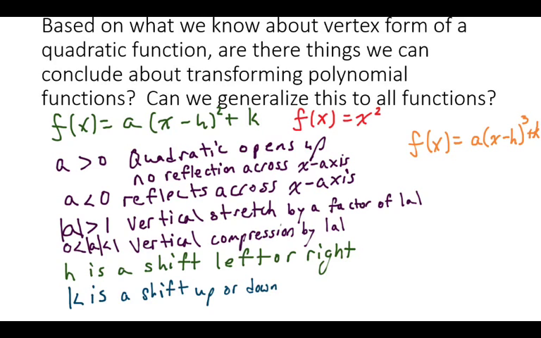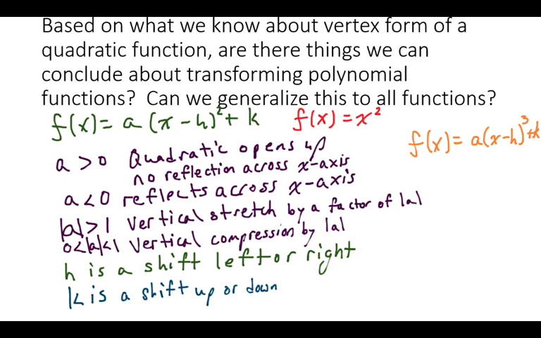So it looks exactly like our vertex form, but it's not vertex form because there is no vertex for a cubic, right? But it does give us our transformations. a still does the same things, and h and k still transform my function. They're just not called the vertex now.